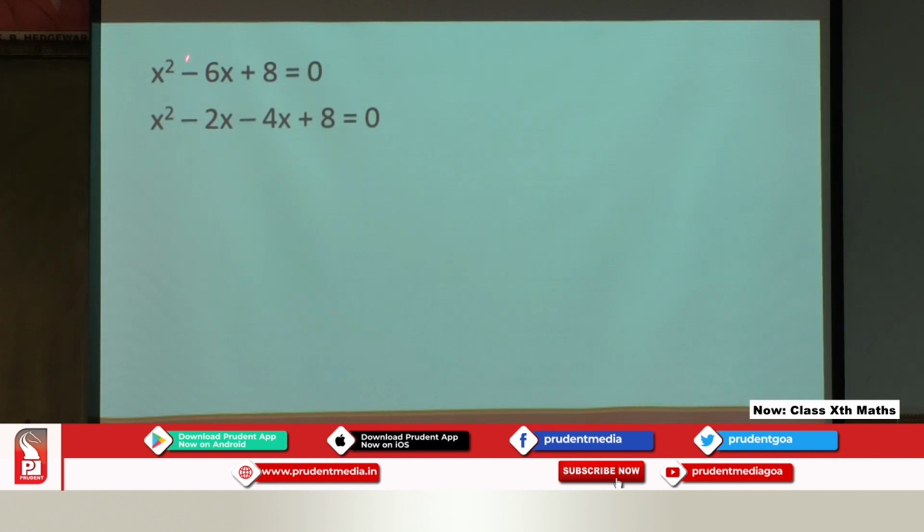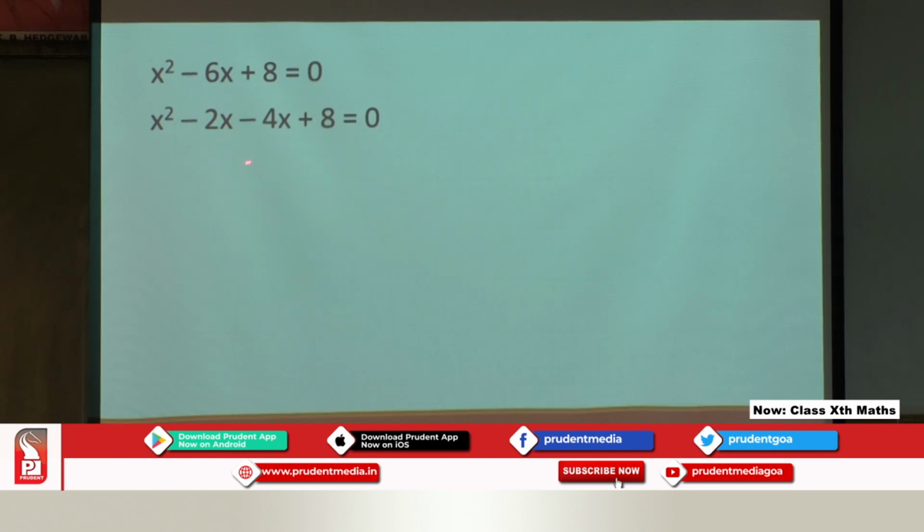See here, this middle term we should split now. The coefficient of x is minus 6. If we add or subtract we should get minus 6x, but if we multiply these two numbers we should get 8x square, that is the product. So I split x square minus 6x as minus 2x minus 4x.